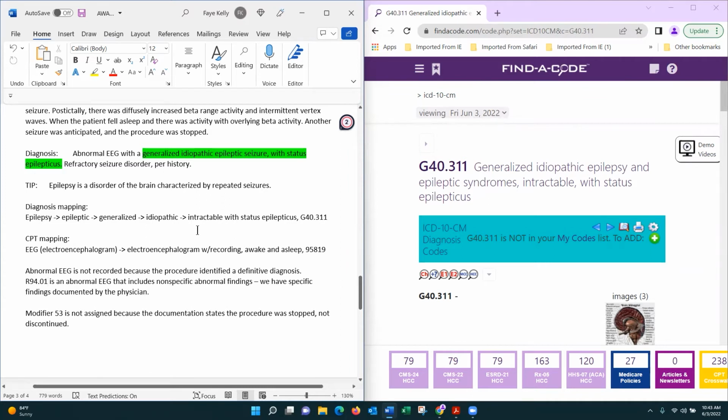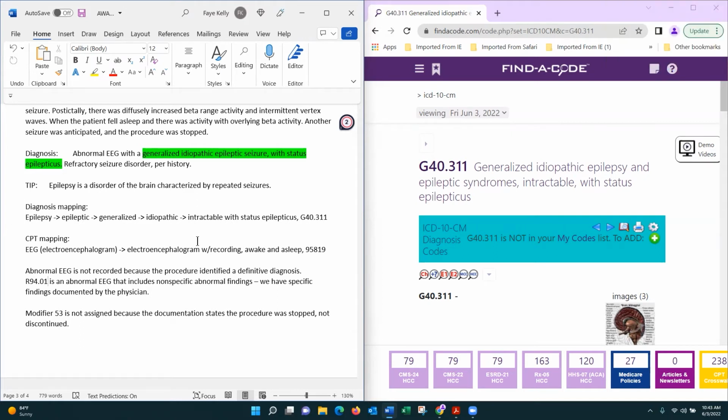So if you have a definitive diagnosis, just like we did with the acute bronchitis, we had all those symptoms but we don't have to list those. The coding rules tell us not to list symptoms unless the specific code has an instructional note to include, and this does not. Make sense? Yes, sure.